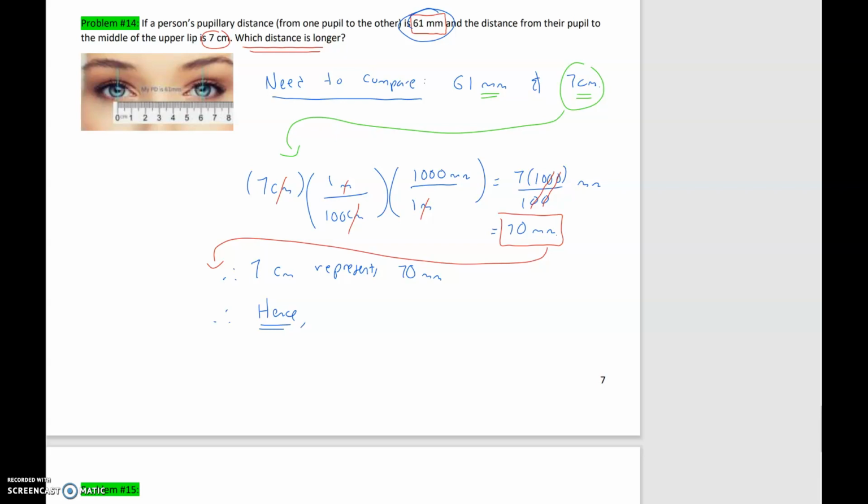Hence, in this case, the distance from the pupil to the middle of the upper lip is 70 millimeters and longer than the distance. And we're talking about the distance from both pupils.